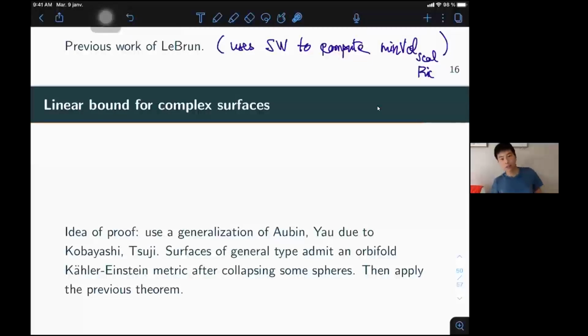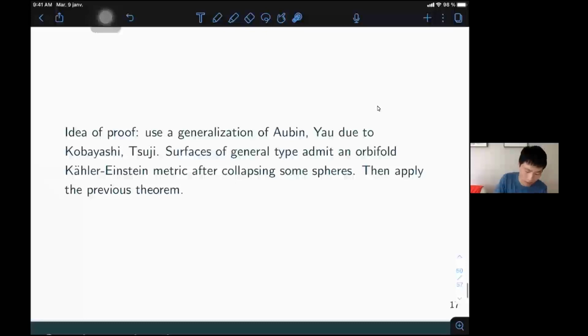So this is a fact, and what it means for us is that even though in general surfaces of general type do not admit an Einstein metric, at least coming from complex geometry, once you remove certain parts of your surface, you get an orbifold metric that is Einstein, and then you can try to apply the previous theorem. So let me write down something more here.